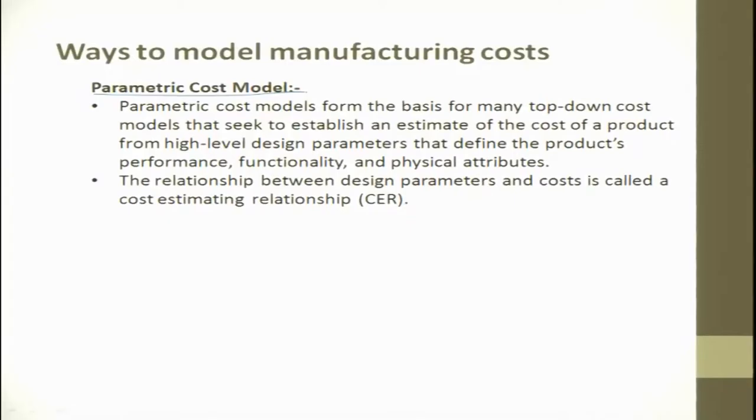The parametric cost model forms the basis of many top down cost models that seek to establish an estimate of the cost of a product from high level design parameters that define the product's performance, functionality and physical attributes.